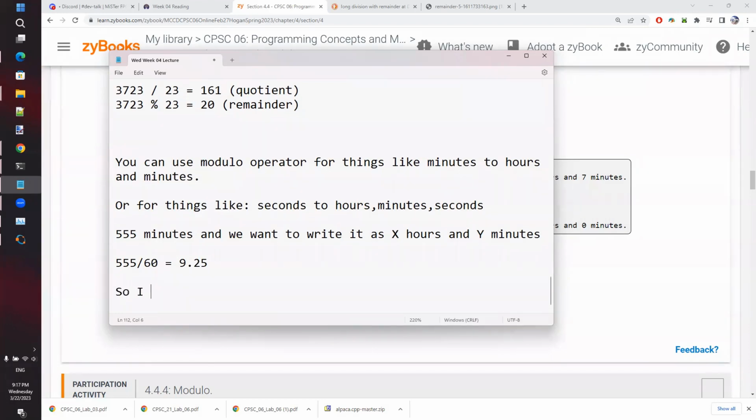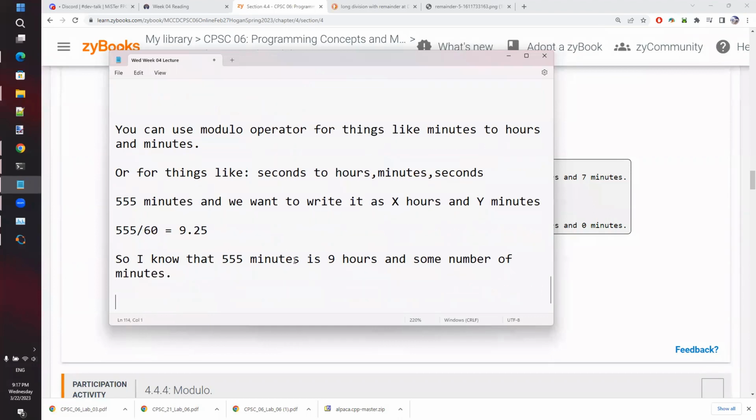So 555 minutes is 9 hours and some number of minutes that I haven't calculated yet. Does that make sense? 9.25 is 9 hours and a quarter.